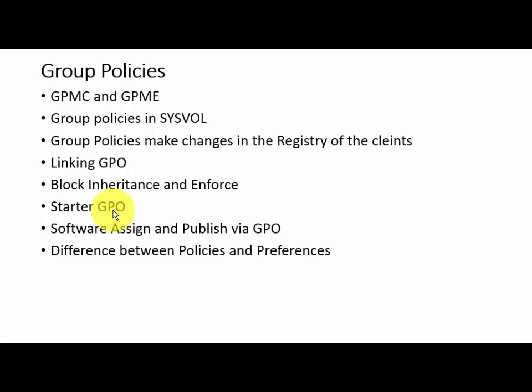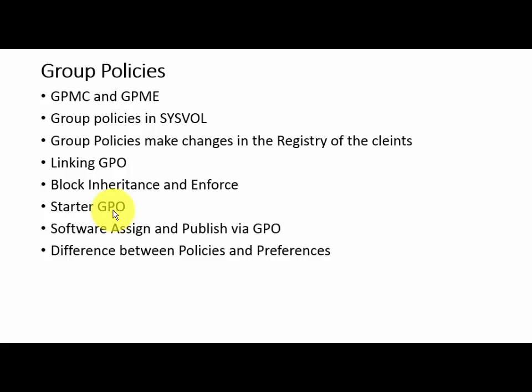After that, the company said there's another GPO policy you have to implement. He didn't check whether that would conflict with the starter GPO, because he didn't study what the starter GPO says. He said, okay, implement it.